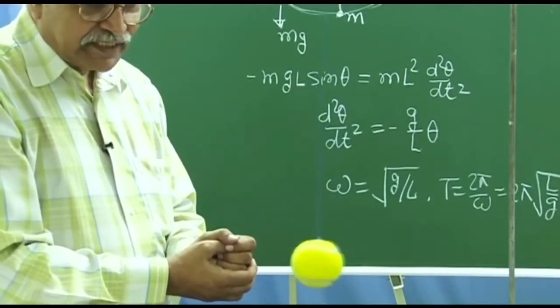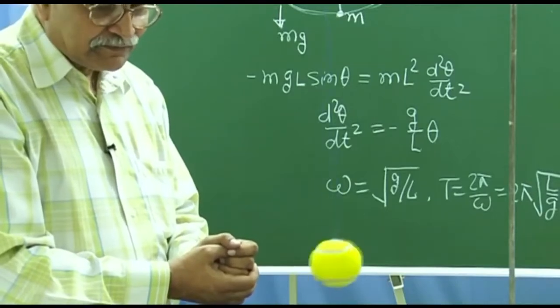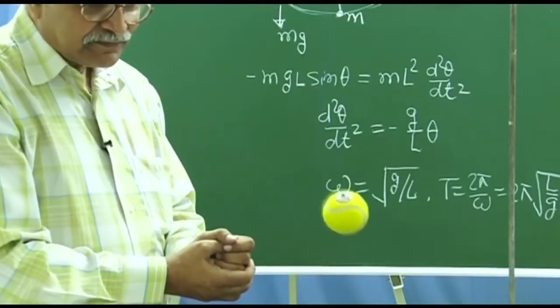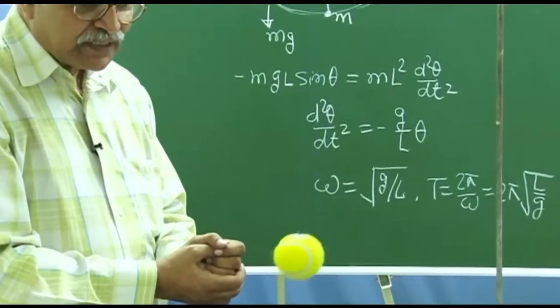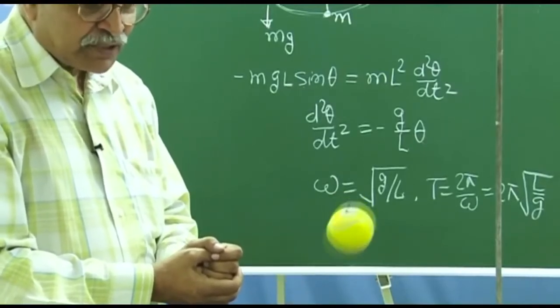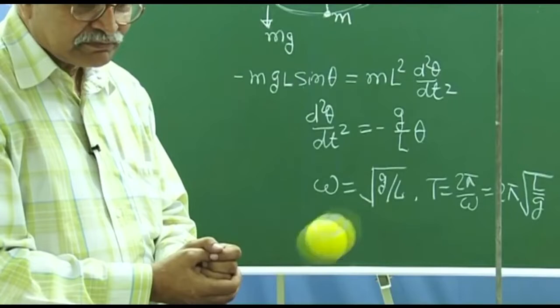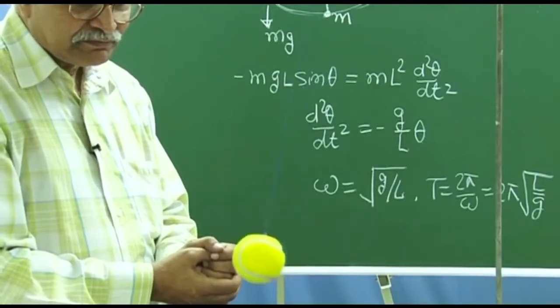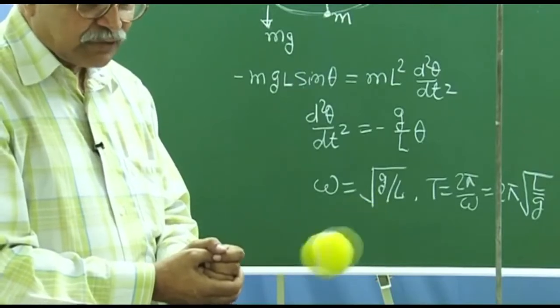Can you see how that ellipse is rotating? When I started, what was the mean plane of motion and what is the mean plane of motion now? Watch it again.